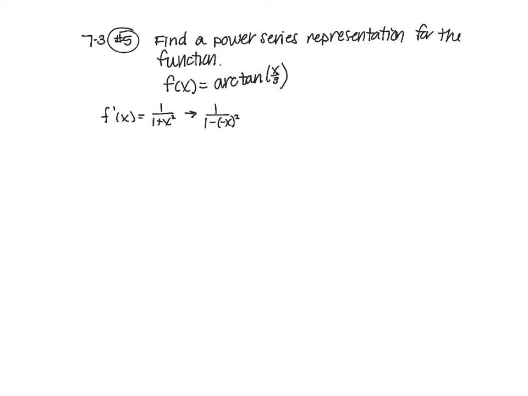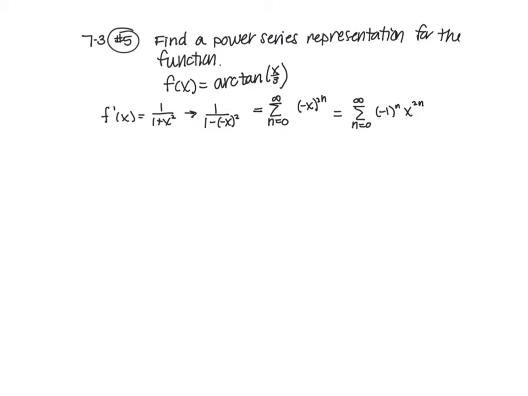And so I could write this as a series from n equals 0 to infinity of negative x squared to the n power. Or maybe a prettier way to write this would be the series from n equals 0 to infinity of negative 1 to the n times x to the 2n.